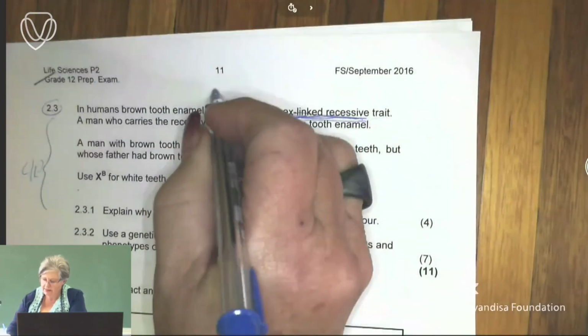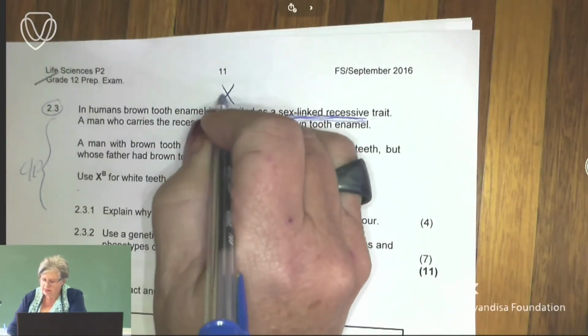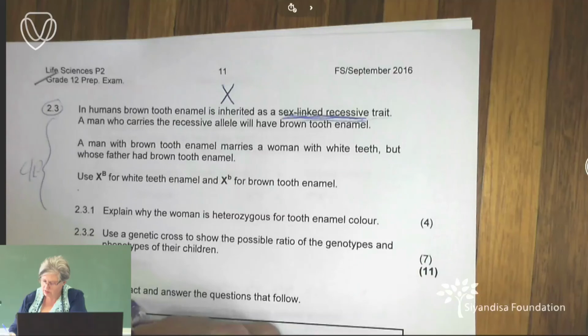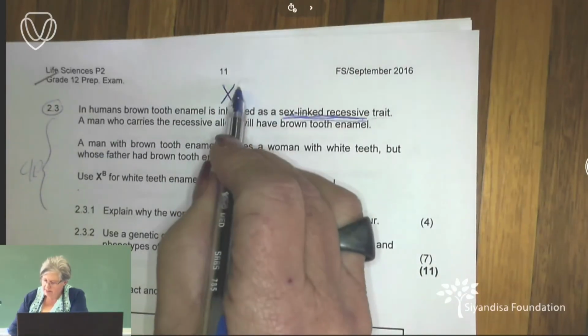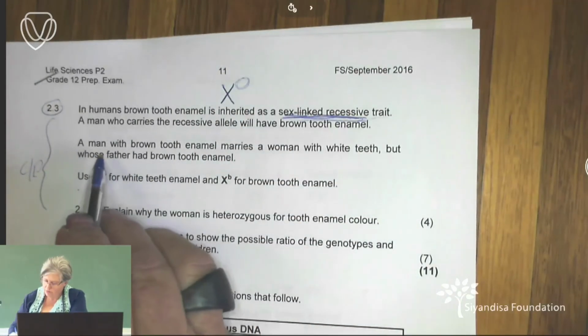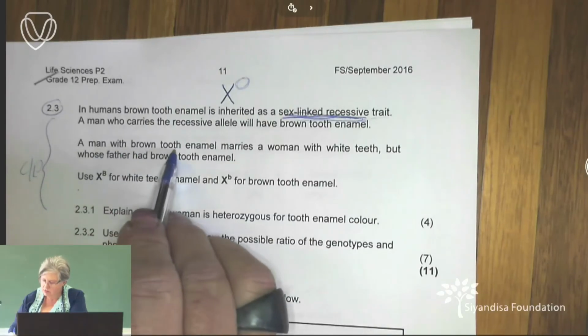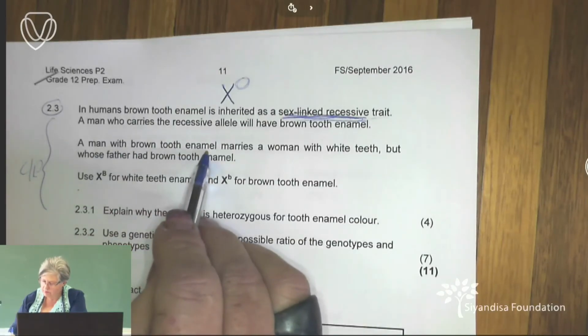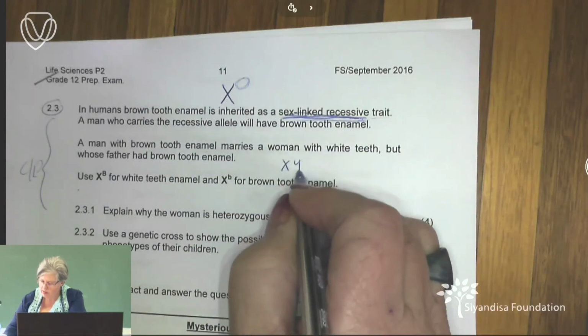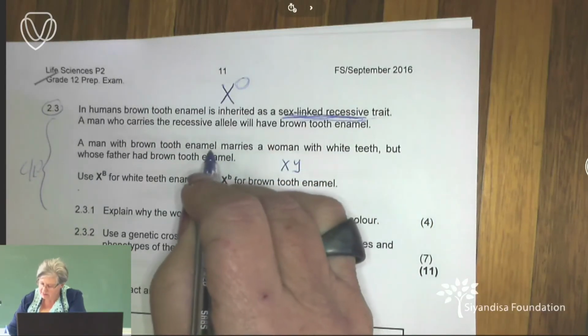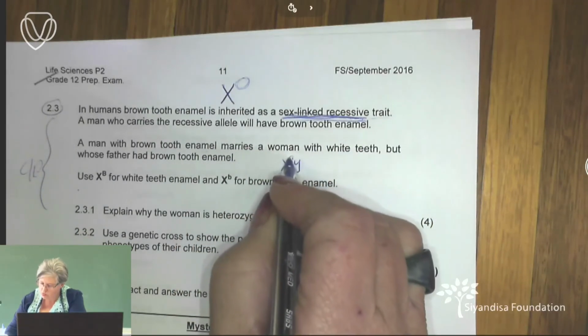So sex-linked immediately tells you it is on the X chromosome. And it's recessive, so it must be small. A man with brown teeth enamel means the man is X, Y, and is recessive, so he will have a small one there.